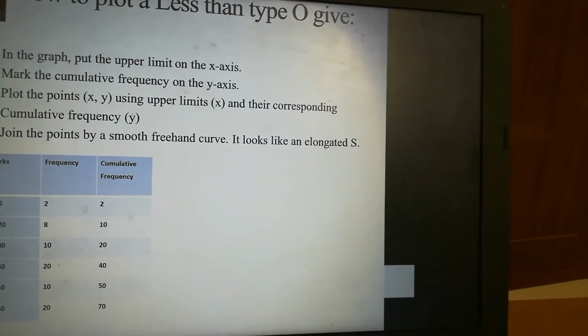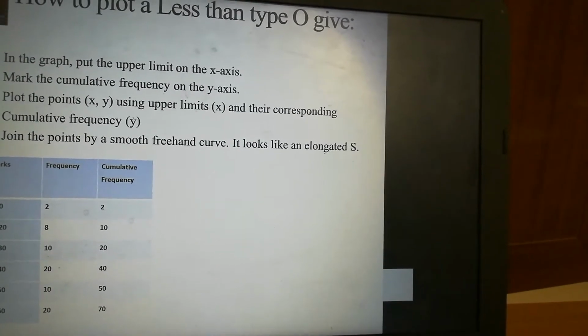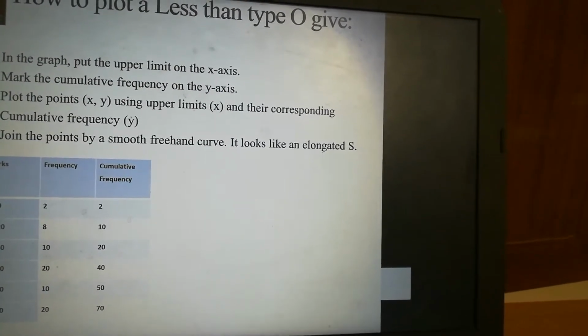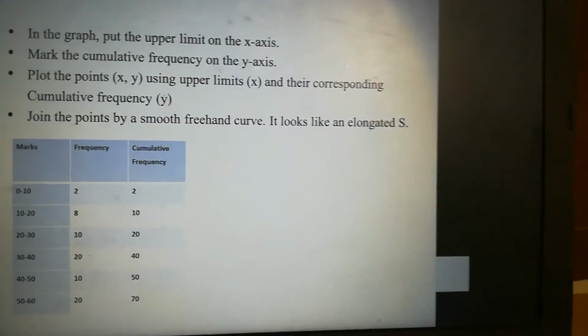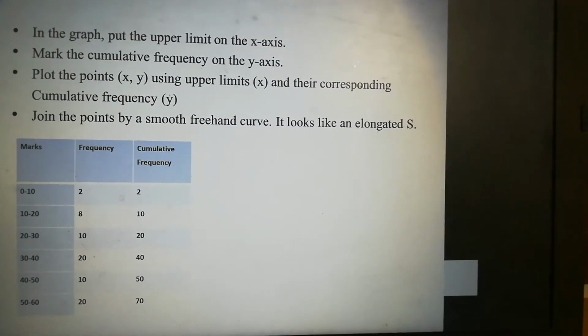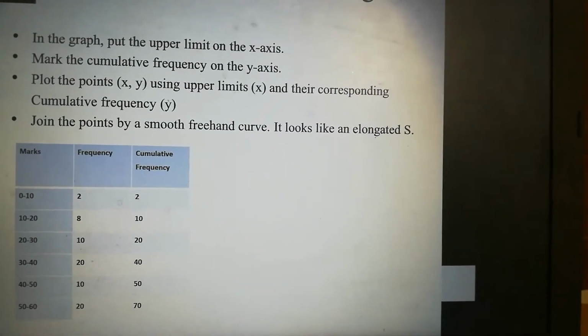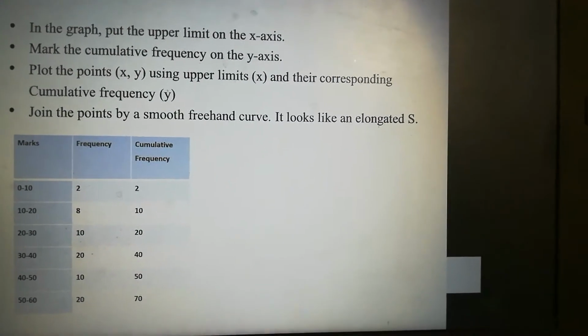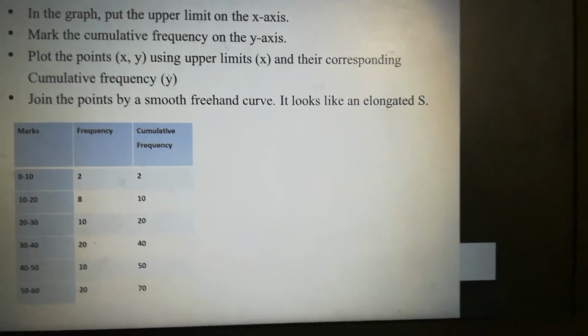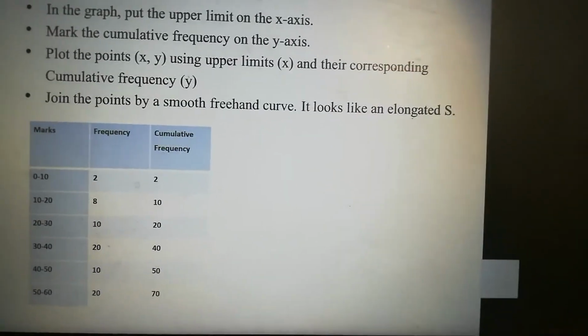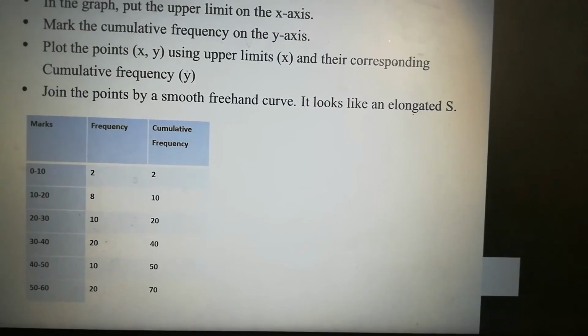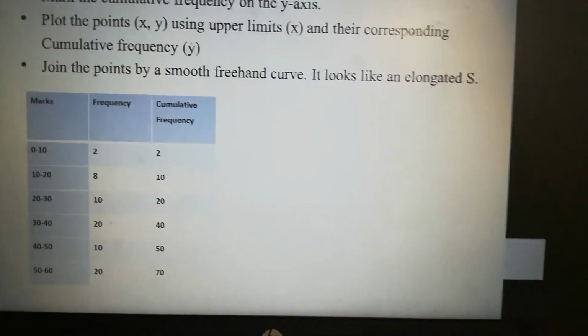How did we get it? 20 of the previous plus the corresponding 20, so 20 plus 20 we get 40. Same way, for 40 to 50 the frequency is 10, so 40 plus 10 is 50. For 50 to 60 the frequency is 20, so we get the cumulative frequency as 70.